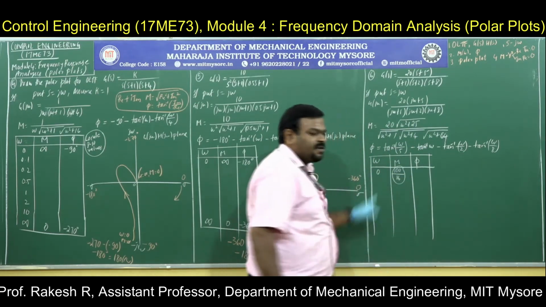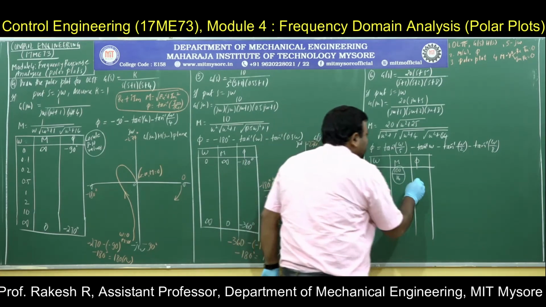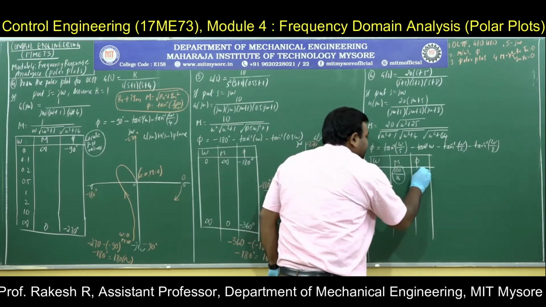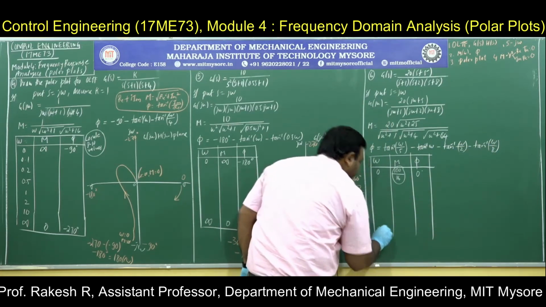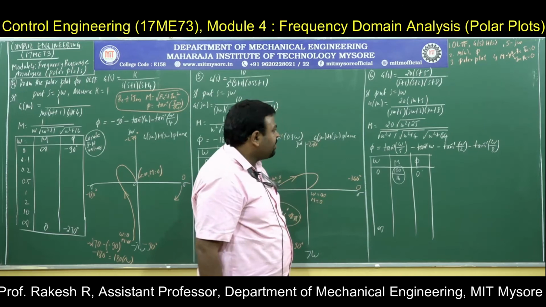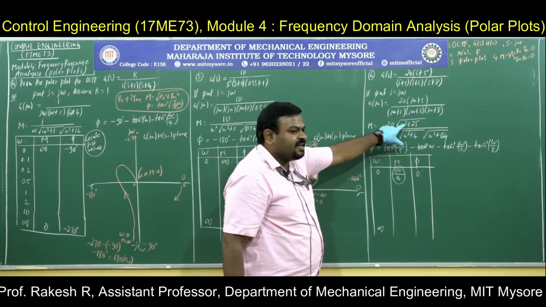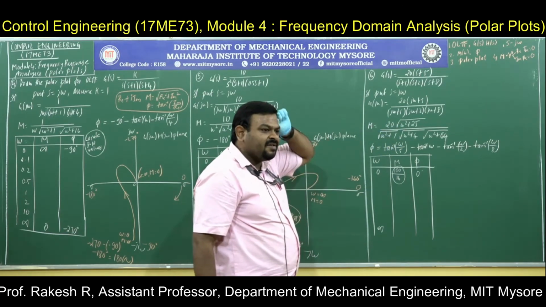Calculate the value of the magnitude here. And phase angle is 0 degree. Again for omega equal to infinity, what is the magnitude? Magnitude will be, you give infinity here or infinity here, it will be infinite.